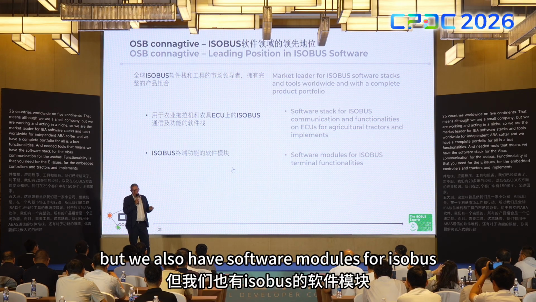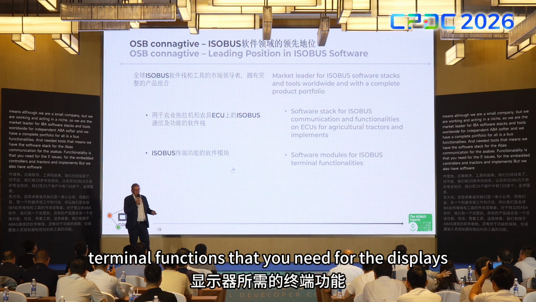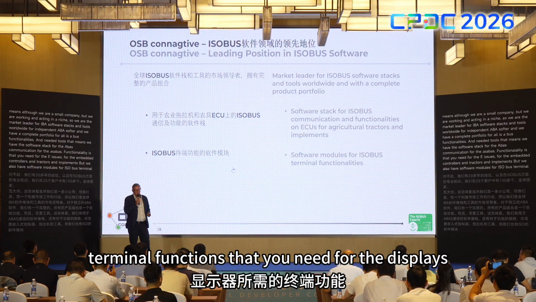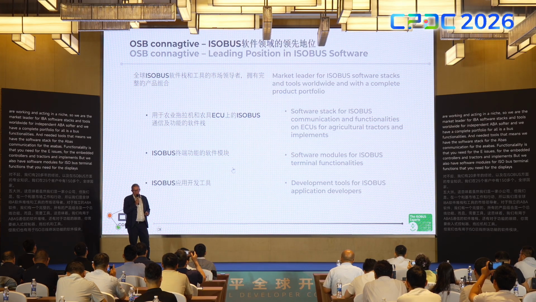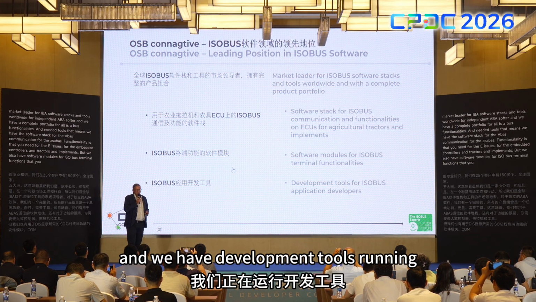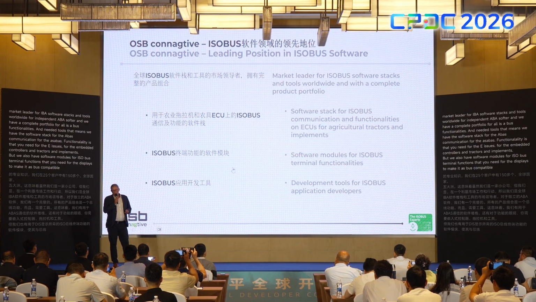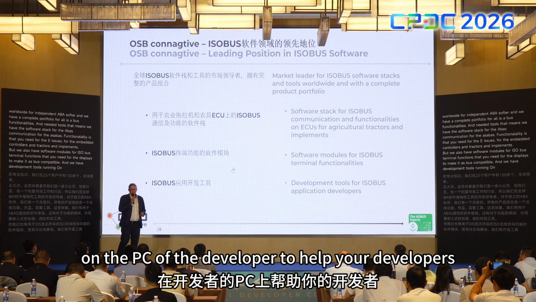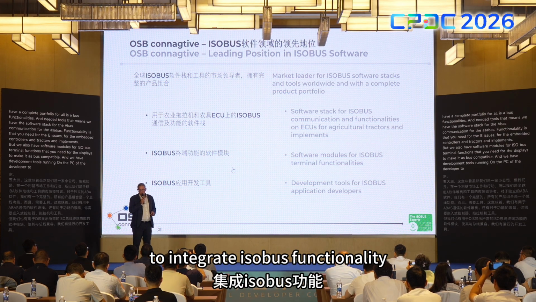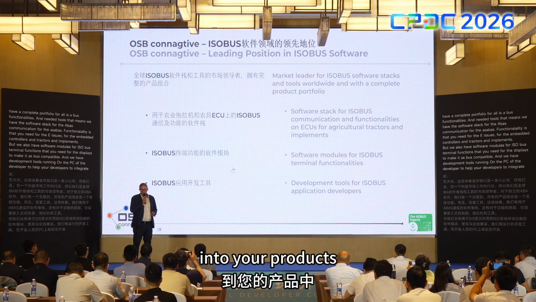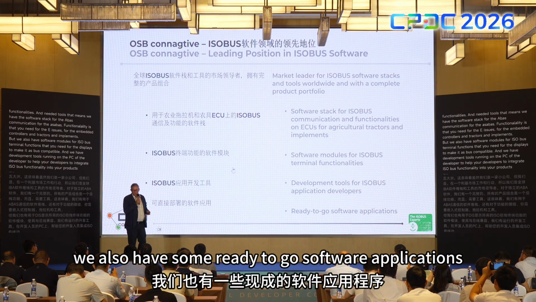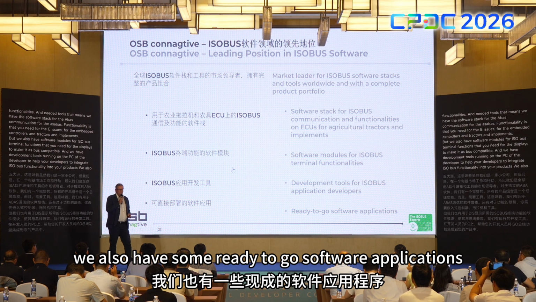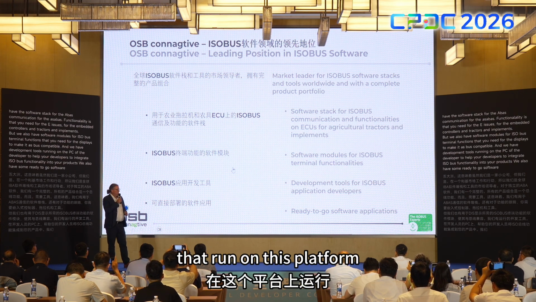But we also have software modules for ISOBUS terminal functions that you need for the displays to make it ISOBUS compatible. And we have development tools running on the PC of the developer to help your developers to integrate ISOBUS functionality into your products. We also have some ready-to-go software applications that run on displays.